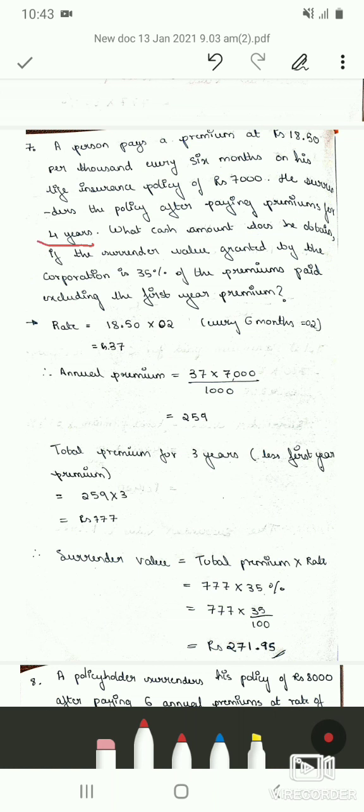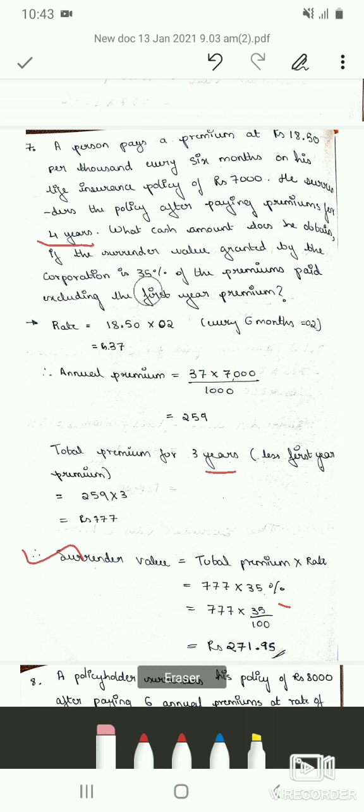Here we have to exclude the first premium from the number of premiums paid. Therefore we got total premium for 3 years. Now the surrender value is total premium into rate, which is 777 into 35 by 100, because we are converting percentage, which is rupees 271.95. So this is the surrender value.